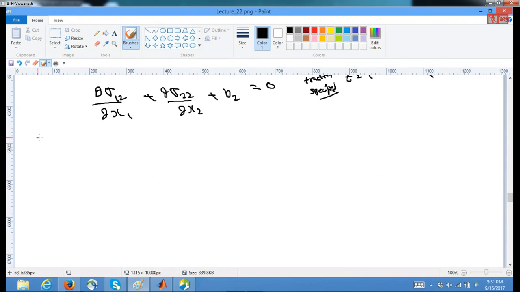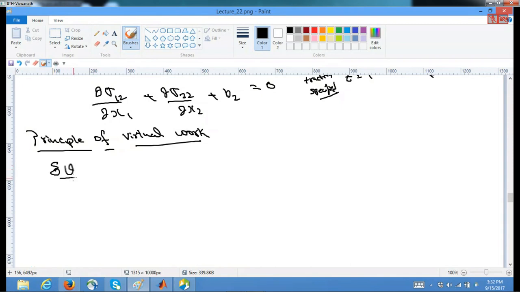So we introduce the principle of virtual work where our virtual displacement is given as delta v, where it has to be kinematically admissible.